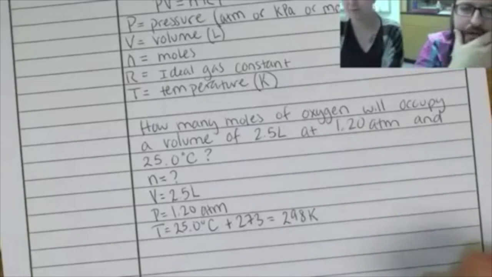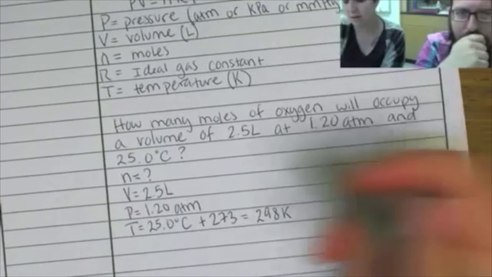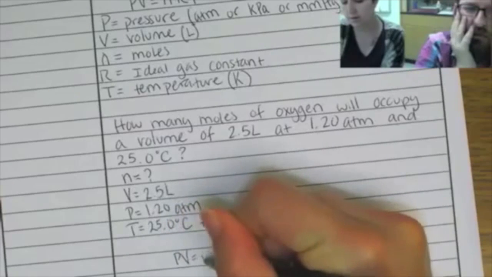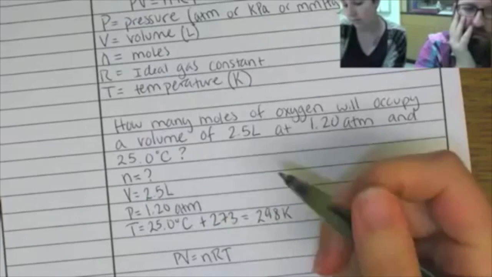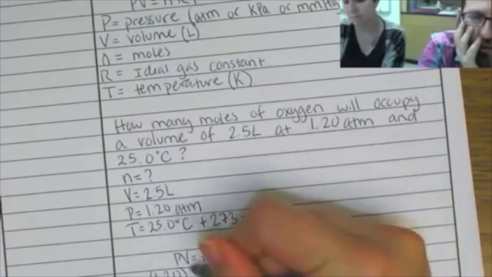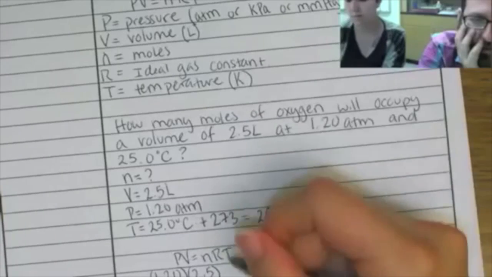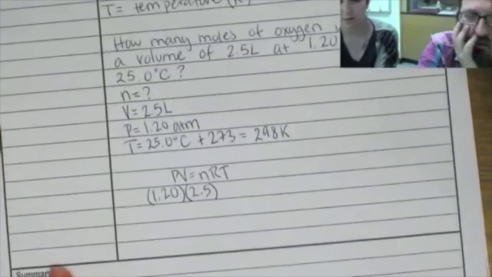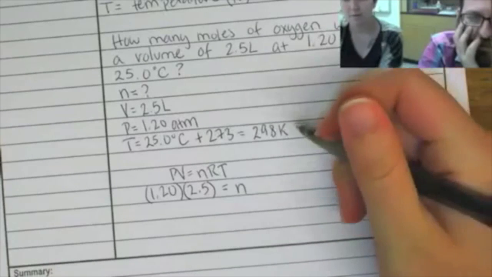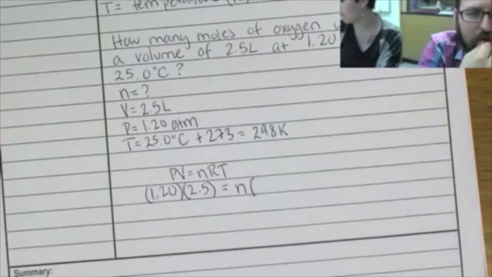Now we can use it in our formula. We just plug everything in. Our formula is PV equals nRT. My pressure is 1.2, my volume is 2.5 liters, and that is equal to n, which we're trying to find, so we're going to leave that as n. And then we've got R. We didn't write down an R. Which R do we use?